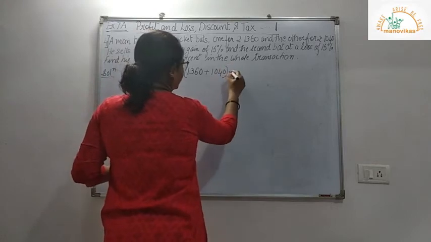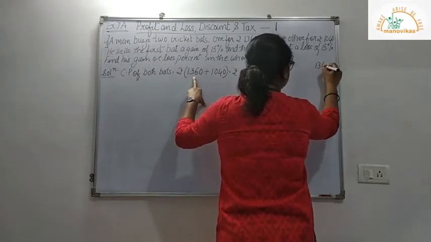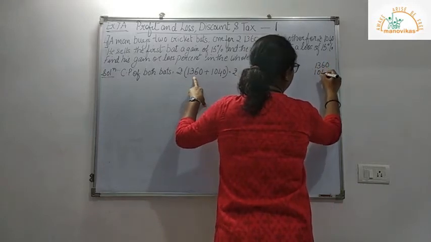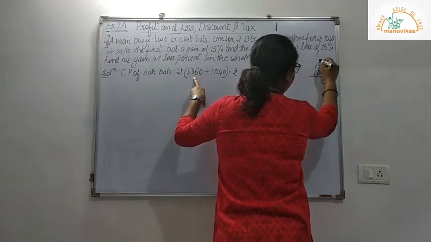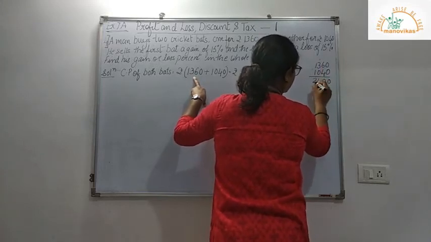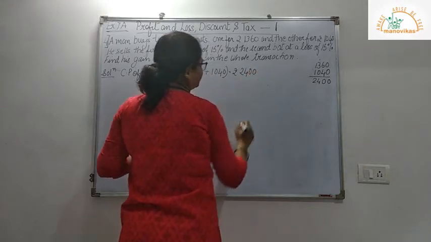So we get it as rupees. Now I have here 1360, 1040. So 0, again 0, carry 1, so 4, 2. So I get it as 2400.